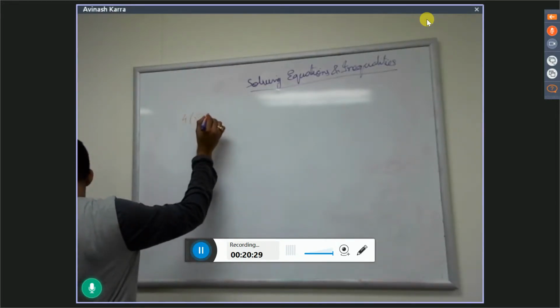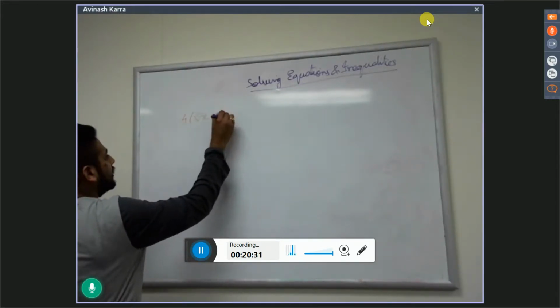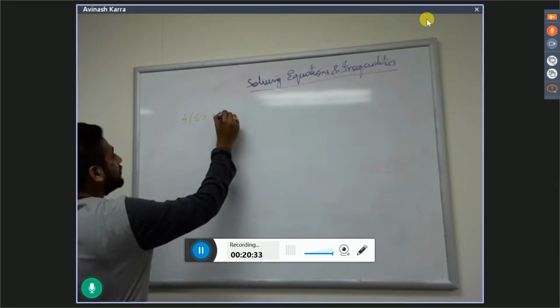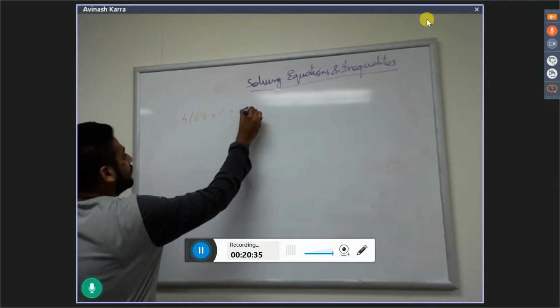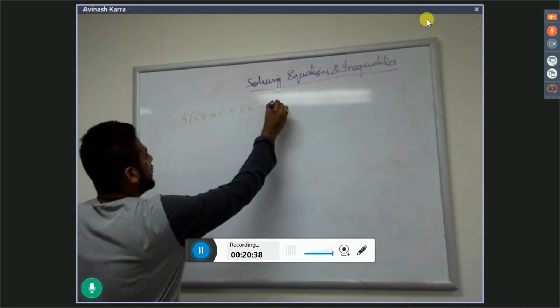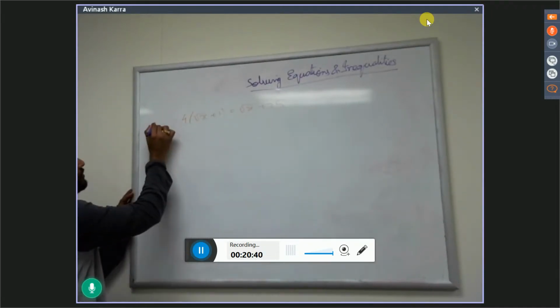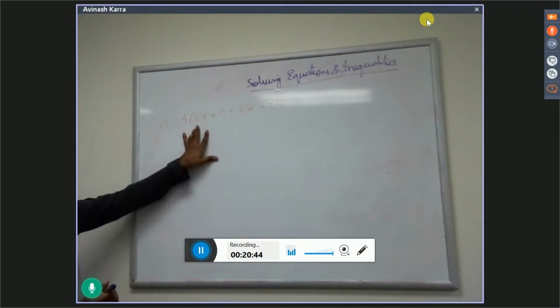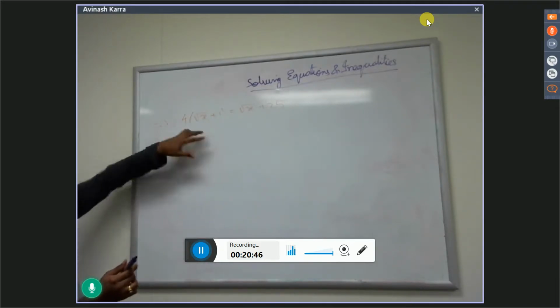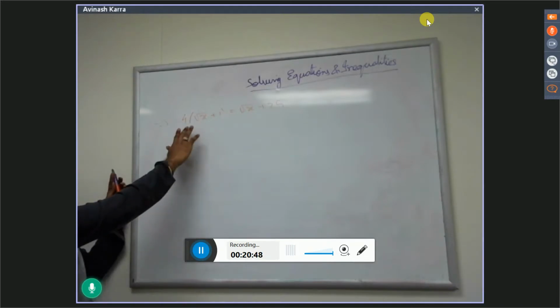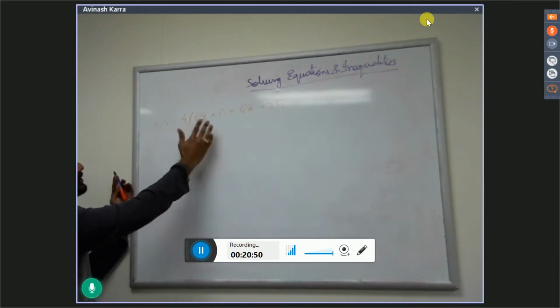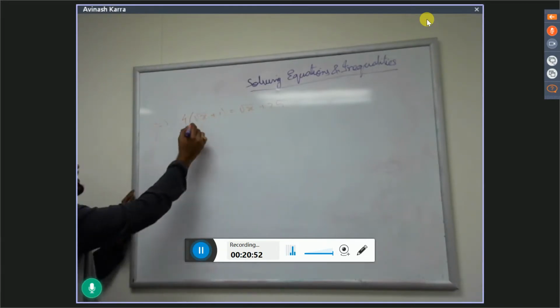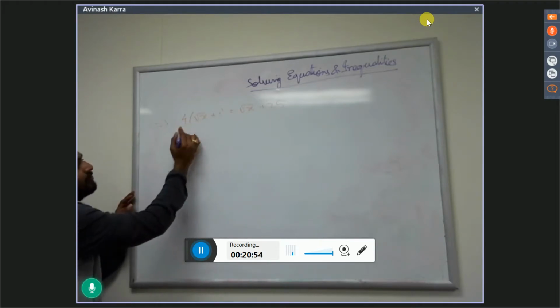Root x plus 1, the whole thing multiplied by 4, is equal to root x plus 25. So this is the given equation. First, what we need to do is simplify the LHS. The LHS is a bit complex, right? There is some multiplication and there is a square root and everything. So first, simplify the LHS part.